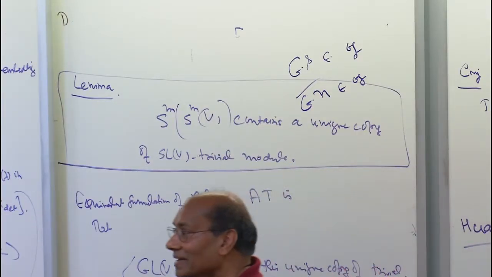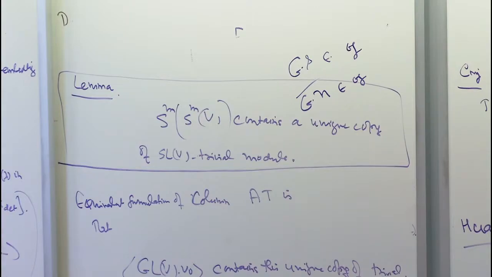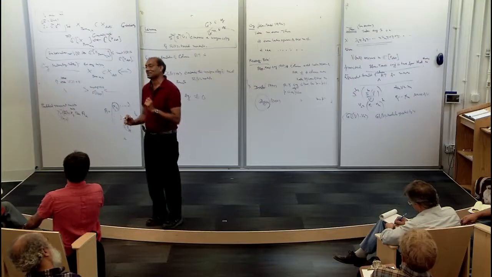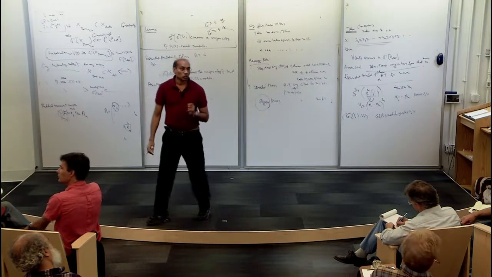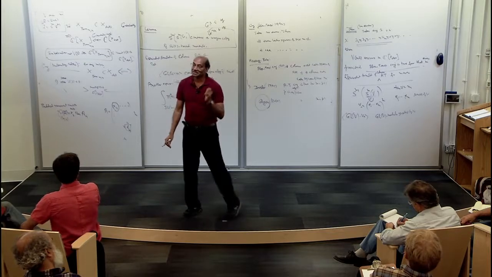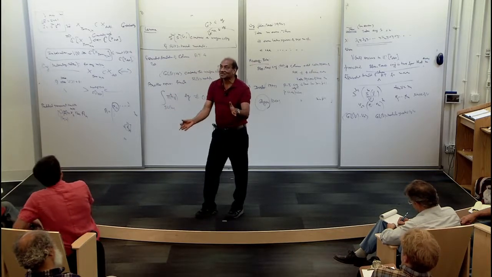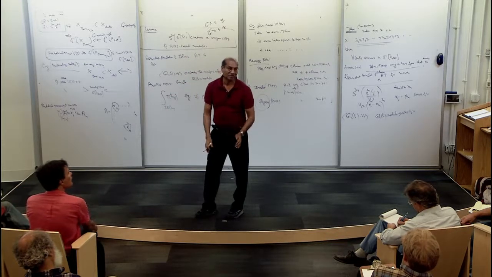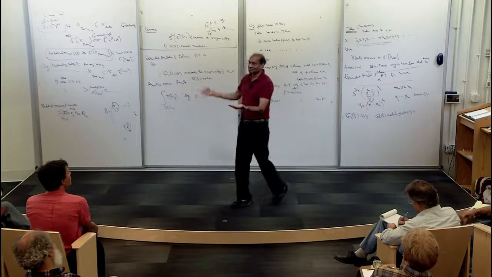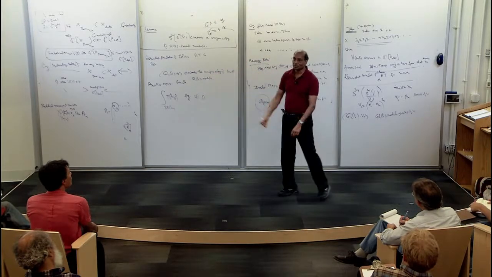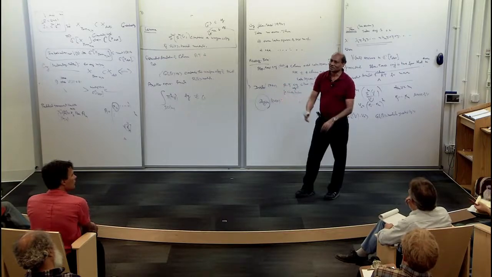These are completely different animals, but their affine coordinate rings have exactly the same representations, and not only the same representations occurring, but with the same multiplicity. So it's not only the same list, but they have the exact same multiplicities. And this is a very simple example, and you can cook up lots of such examples.